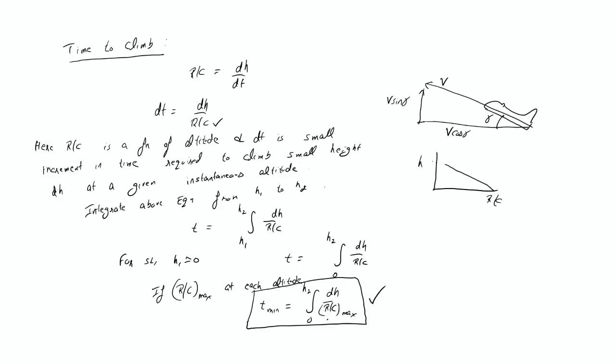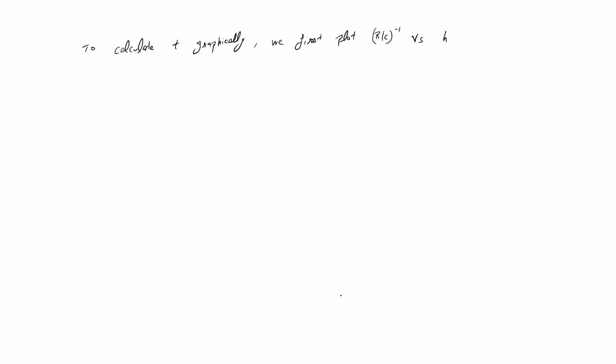Because we have R by C here in the denominator. So we'll be plotting R by C inverse with the altitude. Now if I plot here graphically, we'll also be plotting in MATLAB as well. So I write here rate of climb inverse on the y-axis, and altitude h on the x-axis. So we get a plot something like this.